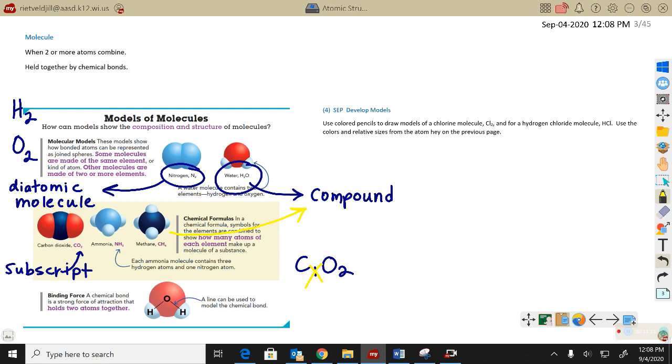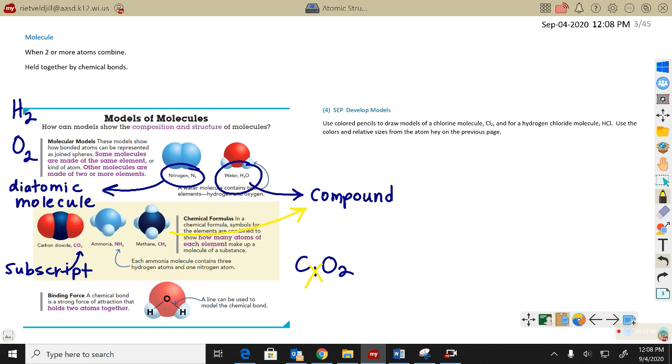And then the oxygen, there are 2, so that must be the red atom on the outside. In ammonia, there's 1 nitrogen, that must be the light blue atom in the middle, and then the 3 little white atoms must be the hydrogen. But then when I show methane, the hydrogen atoms are the same, to show that obviously any atom of hydrogen is the same. So we show them with the same color and the same size.